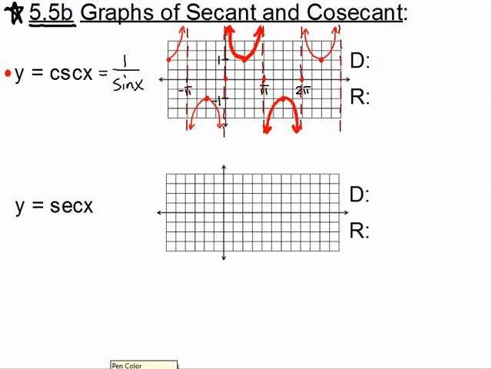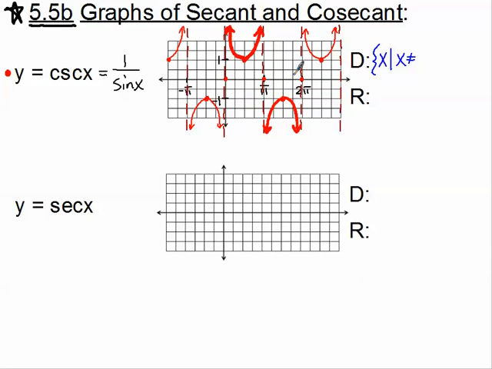Let's talk about domain and range. Because like the cotangent and the tangents, our domain again is restricted. So it's going to be the set of all x such that we're going to do a first restriction. And I'm looking at my graph, and it looks like my first restriction is actually right here at 0. X cannot be equal to 0 pi. And then how often after that will I have a restriction?